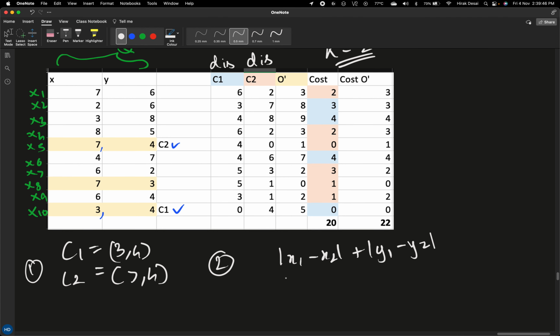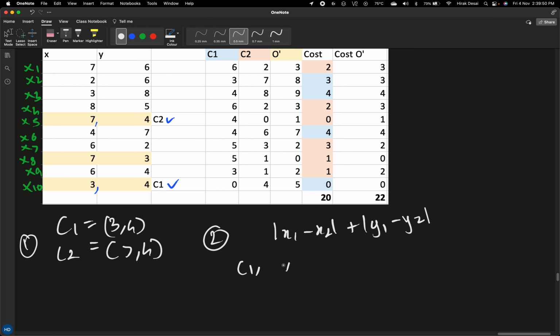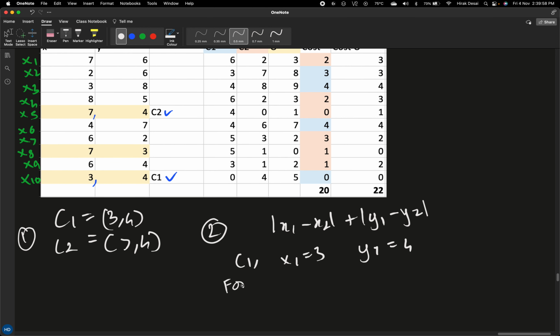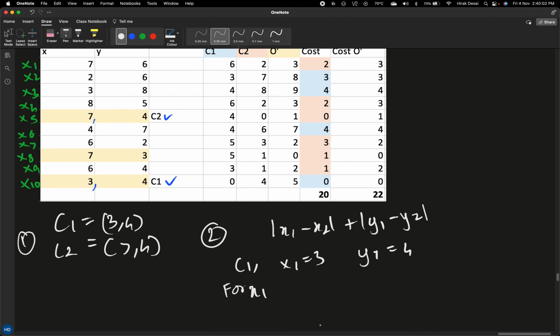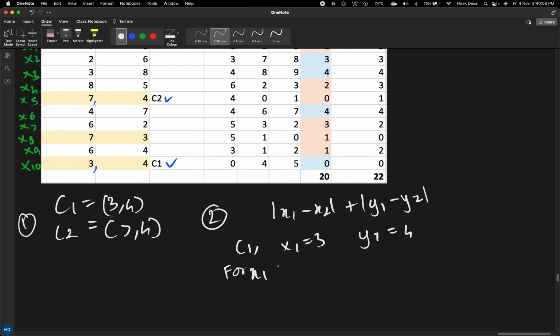So for C1's case, x1 equals 3, y1 is 4. Let's try for the first one. You do not have to show this like this, I'm just doing it for you. Let's do it for x1, as in this iteration x1.